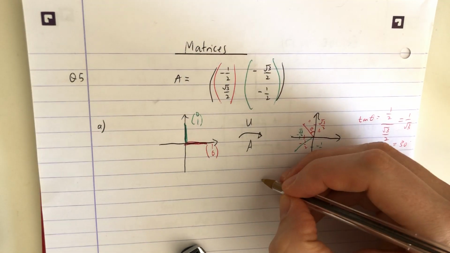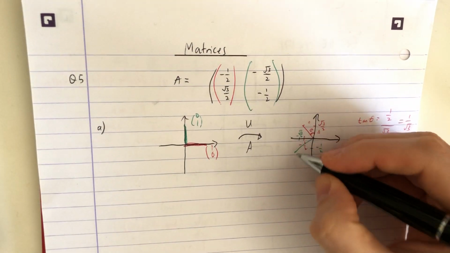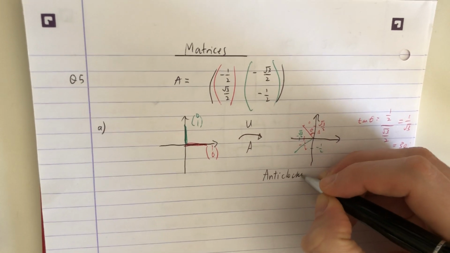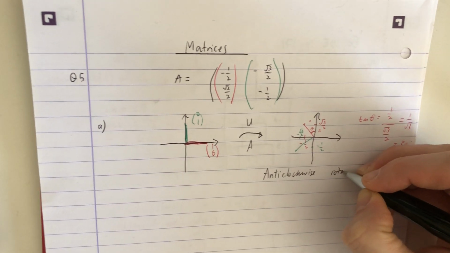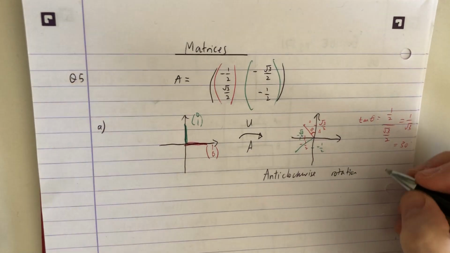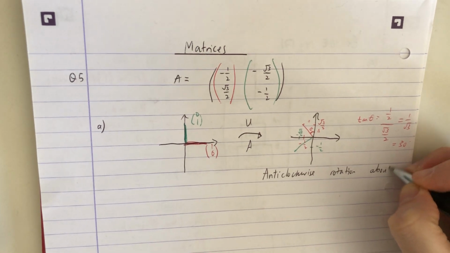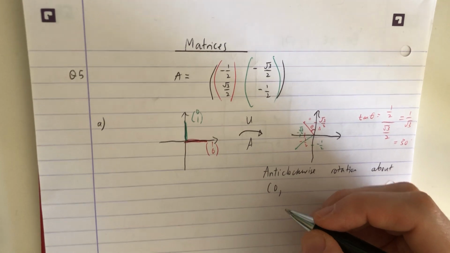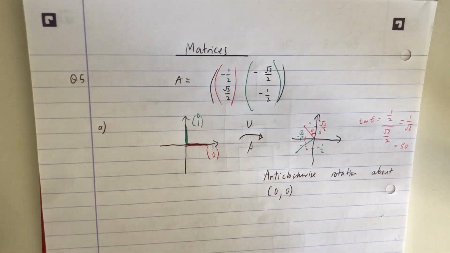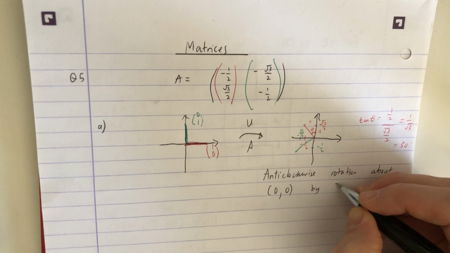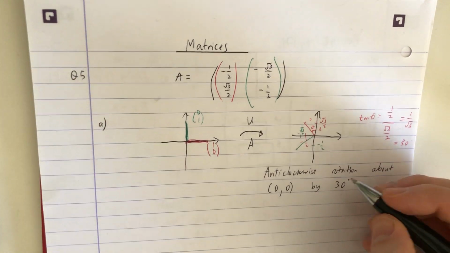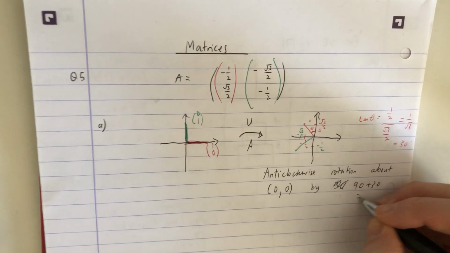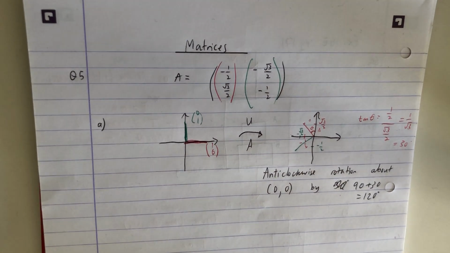So this looks like an anti-clockwise rotation about 0, 0 by 30 degrees. Sorry, not 30 degrees, by 90 plus 30, which is 120 degrees. Okay, so that's part A done.